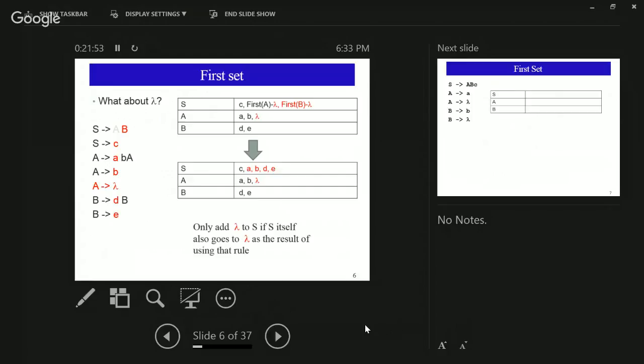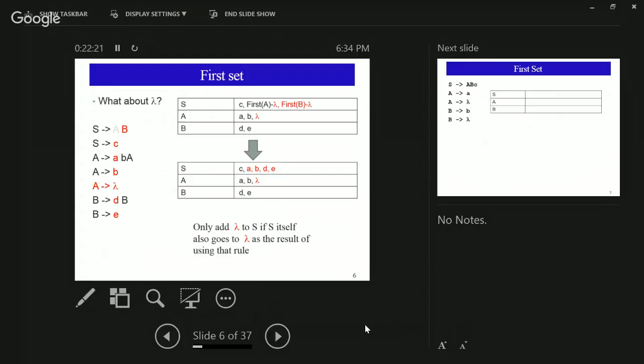We'll go in as deep as we have to until we get to a non-lambda rule, a token or symbol. That's when we stop. So in this case, the A could be lambda, so I have to consider big B as well. When I take the first set of something, like S could start with big A or big B, I have to take their first set and move it into S.